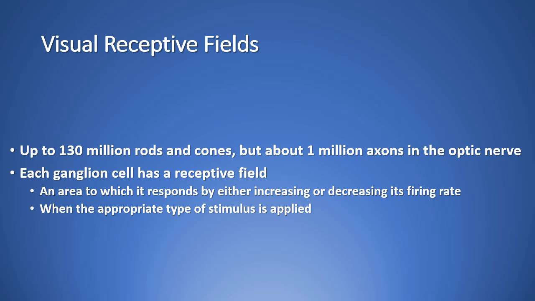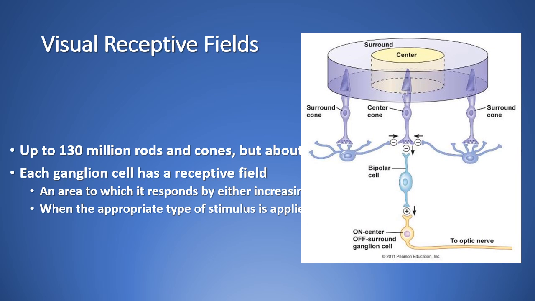The ganglion cell will respond when it has received the appropriate type of stimulus to its receptive field. So the word appropriate is important there. Here you see a ganglion cell. It happens to be fed into by only one bipolar cell, and that one bipolar cell receives input basically from just a couple of cones.